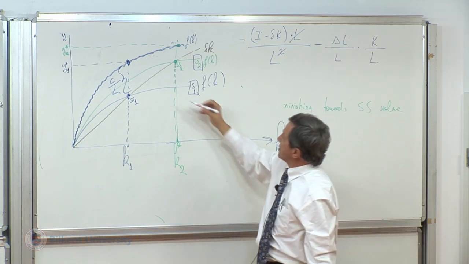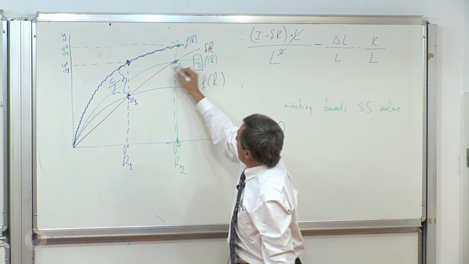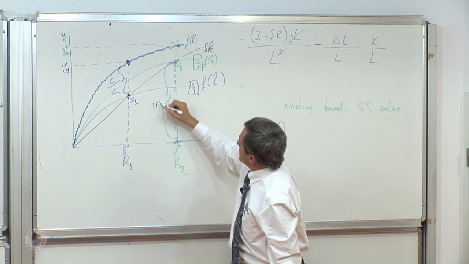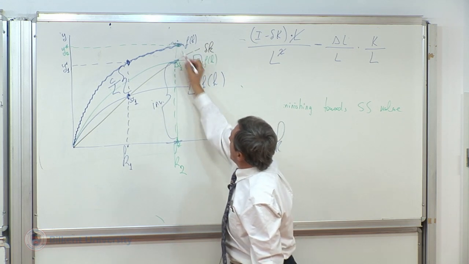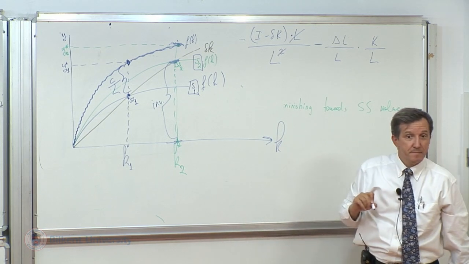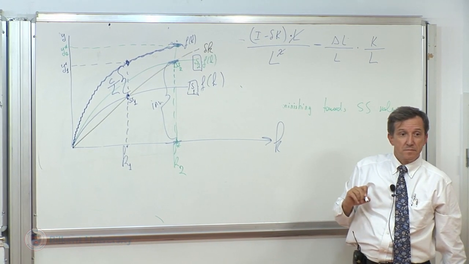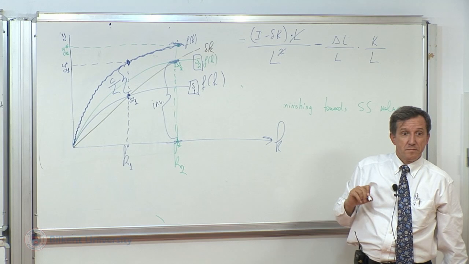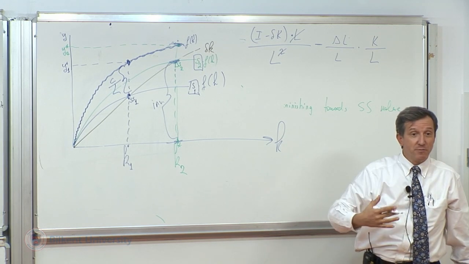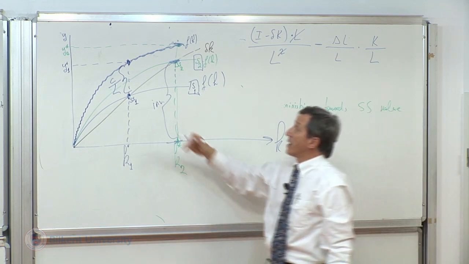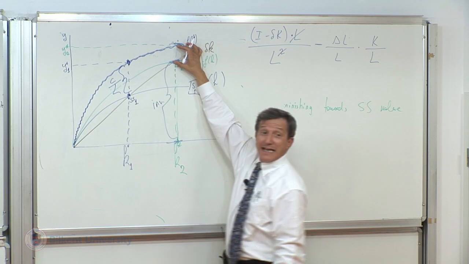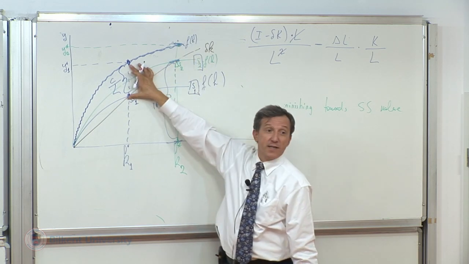Now what are the figures? This is my new saving rate here. This is the amount I invest, and this is the whole amount I'm consuming. Lower welfare. That's right. If you measure welfare in terms of consumption, yes, you are producing more, but you are consuming less than what it was.